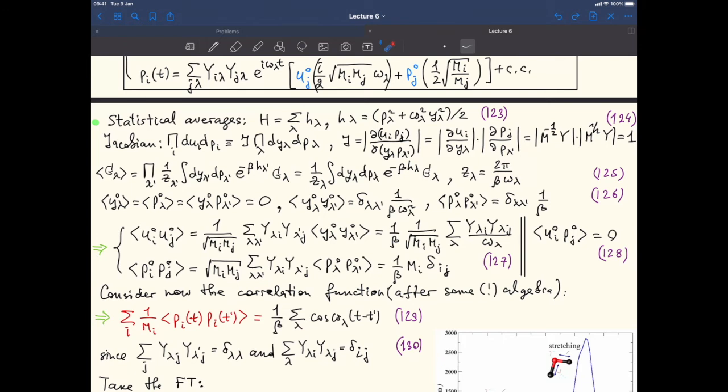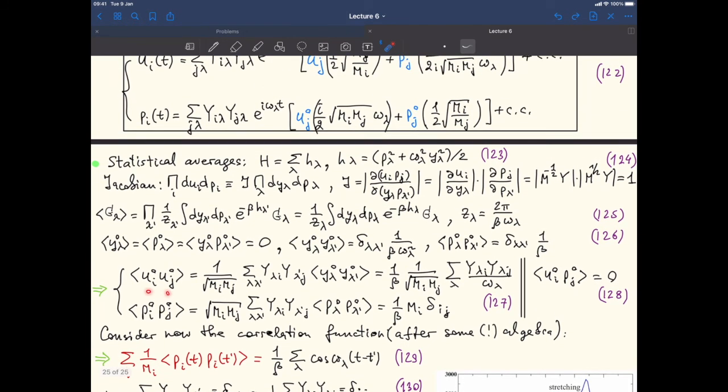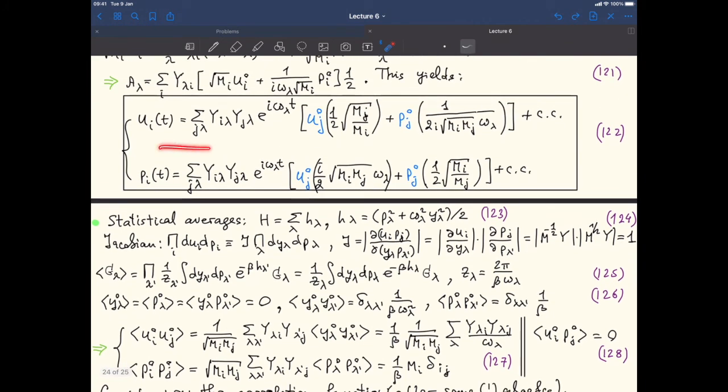Now we finally are able to calculate statistical averages in the original site representation. So now, for instance, if we take the correlation function like this with u i and u j at initial time, then these quantities are related to the normal modes, while these expressions where we take time equal to 0.